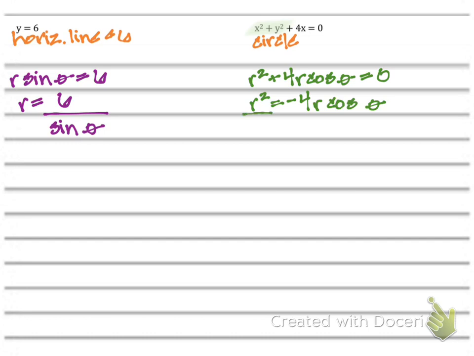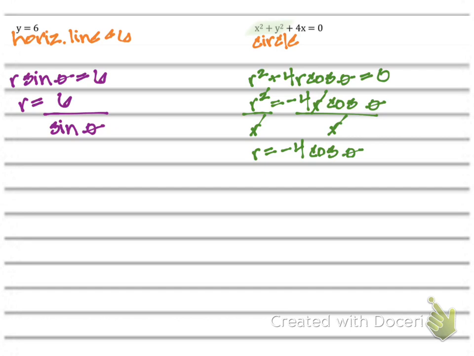And then I can divide everything through by an r. So on the right, my r's cancel, and on the left, my squared cancels. And r is negative 4 cosine theta.